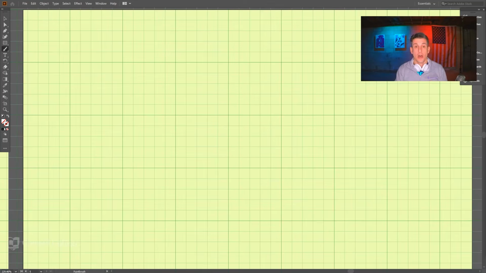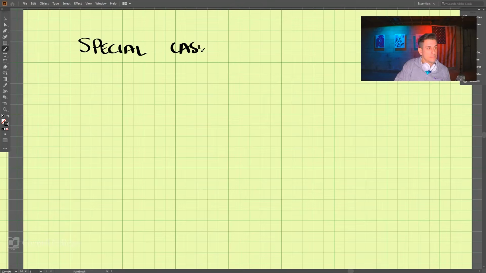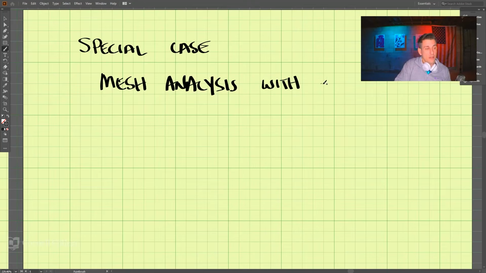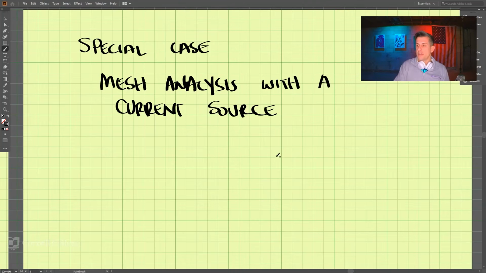Let's consider another special case, where we have mesh analysis with a current source. I'm going to draw a quick circuit here.